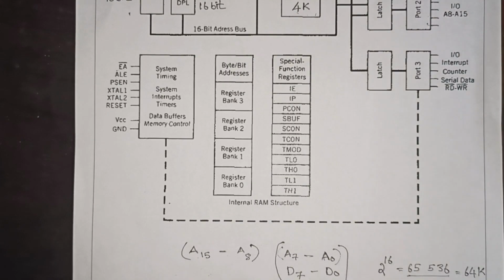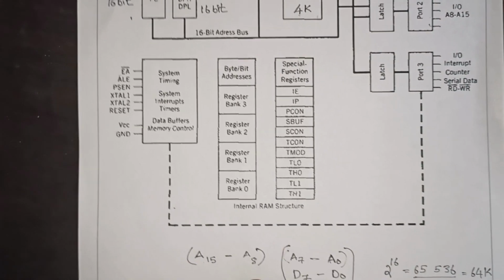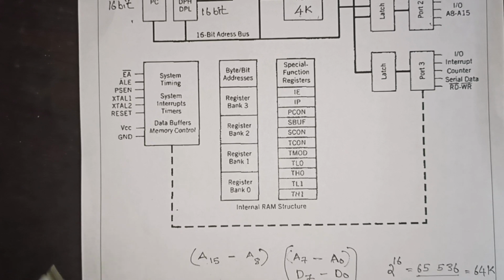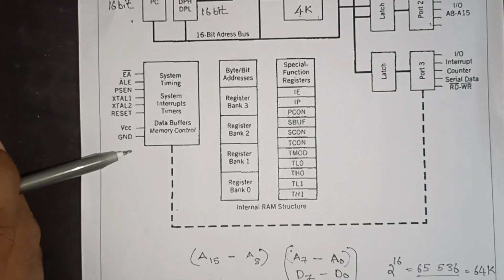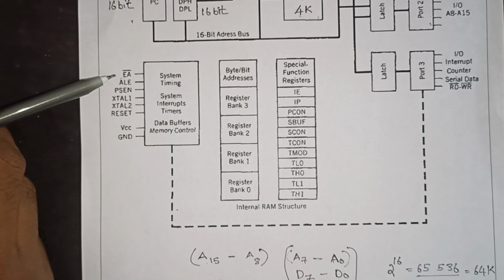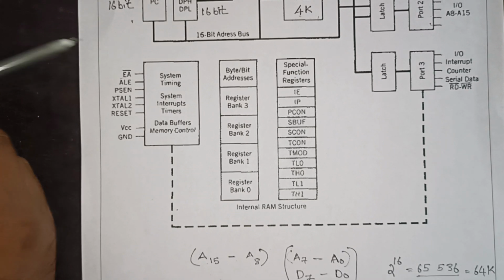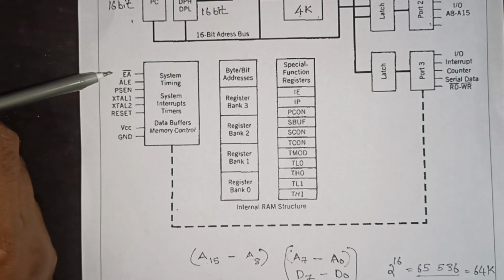Apart from external ROM, external RAM can also be connected to the 8051. We will see it later. Now coming to the functions of these pins. EA is external access. The bar indicates it is an active low pin. Active low means this signal is activated when we give 0 to this pin.